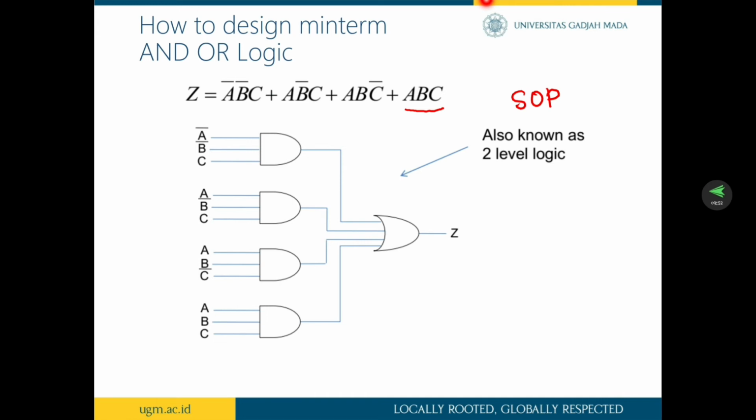So we draw these minterms using AND gates. Here we need 4 AND gates, and we do the OR, the adding function, for the SOP.